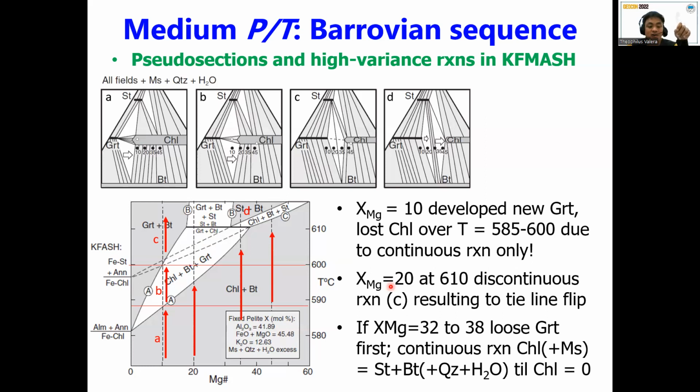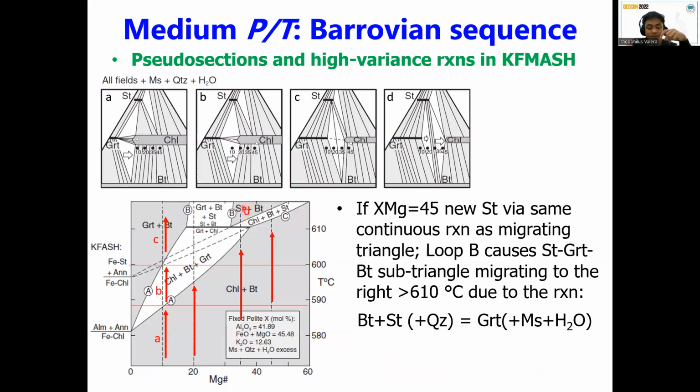On the other hand, if your rock has XMG of 32 to 38, it loses garnet first. I think we've tackled this before. So 35, for example, loses garnet first, and continuous reaction, chlorite equals staurolite plus biotite till chlorite equals 0. So there is no more chlorite here in field D. That's C35 na.